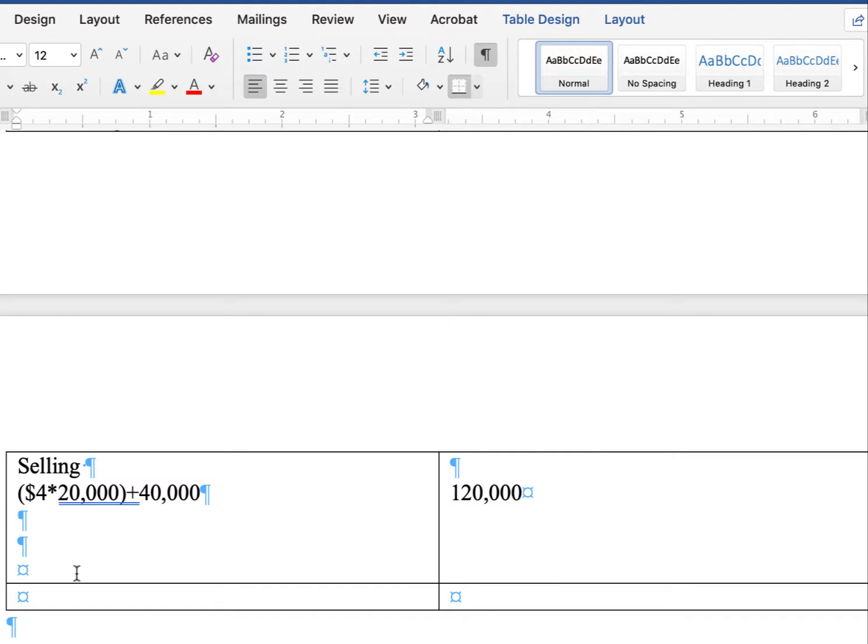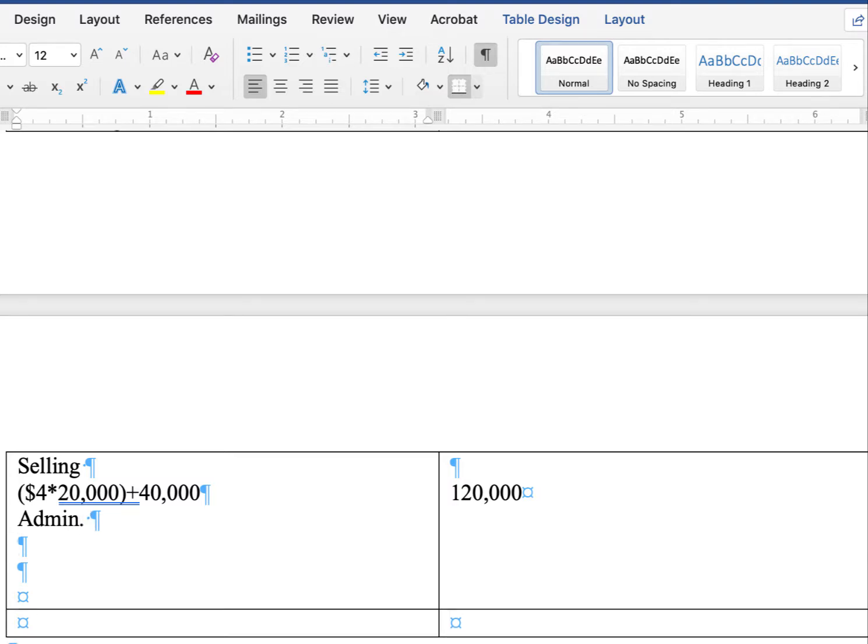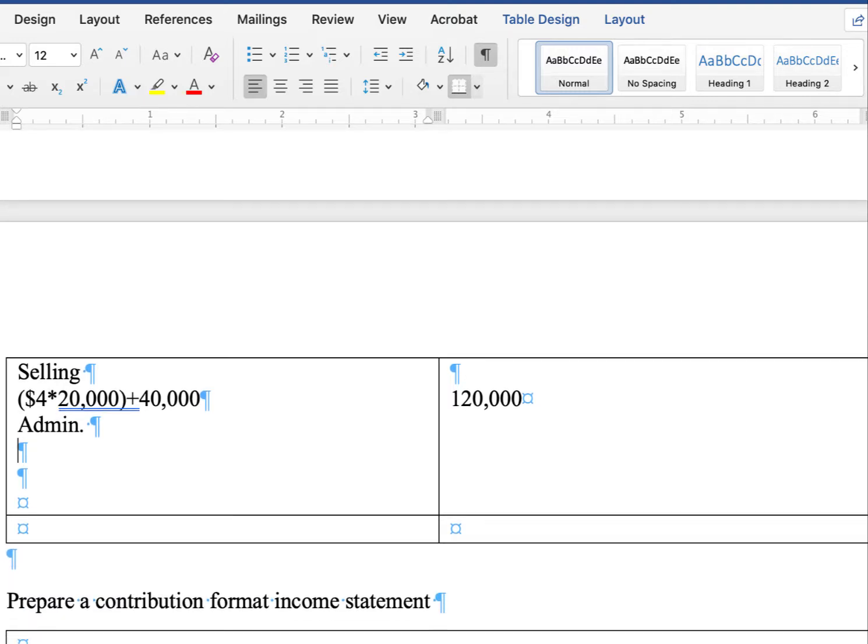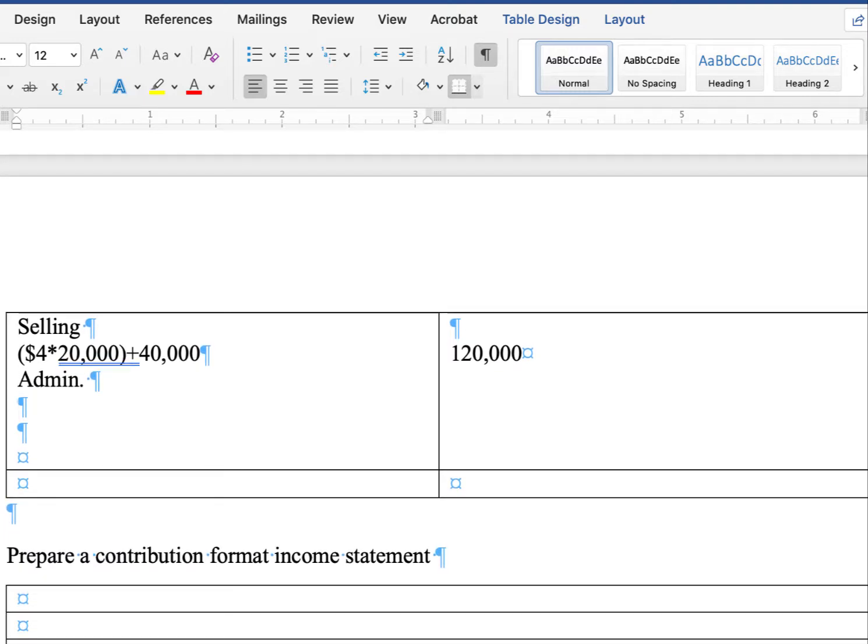Very important that we take the variable portion and the fixed portion. Now we need to do the administrative expenses, and we do that the same way. Administrative expense is mixed, so it has a portion of variable and a portion of fixed. Where did I get the $2?